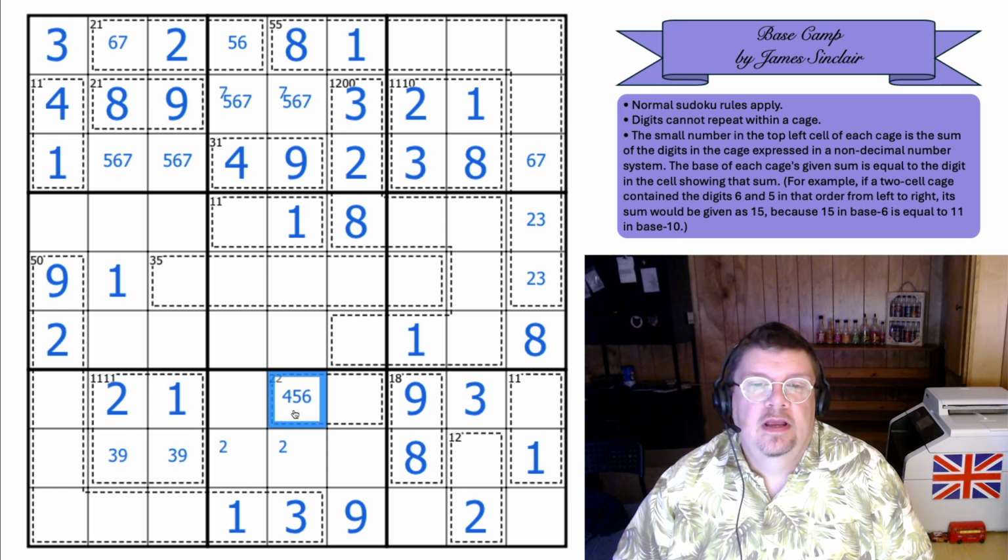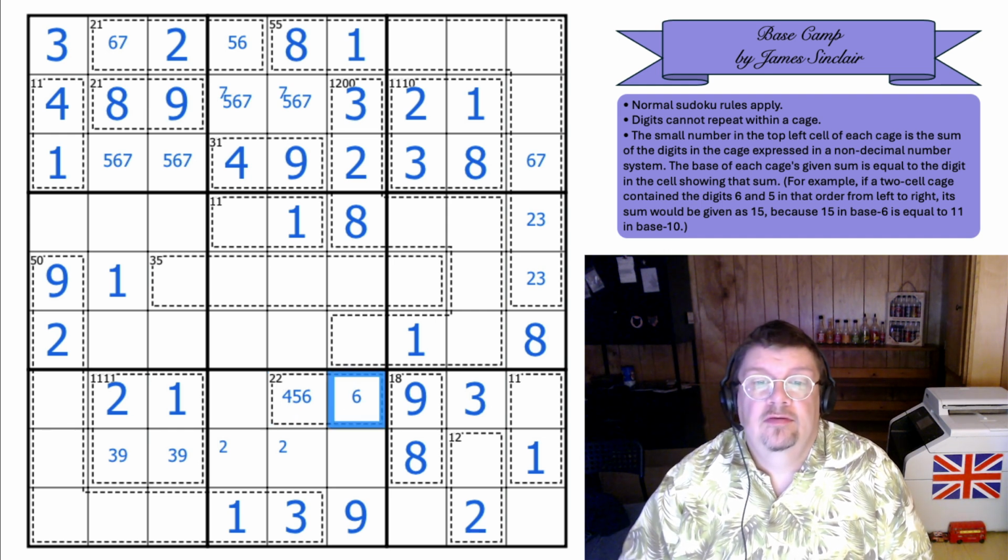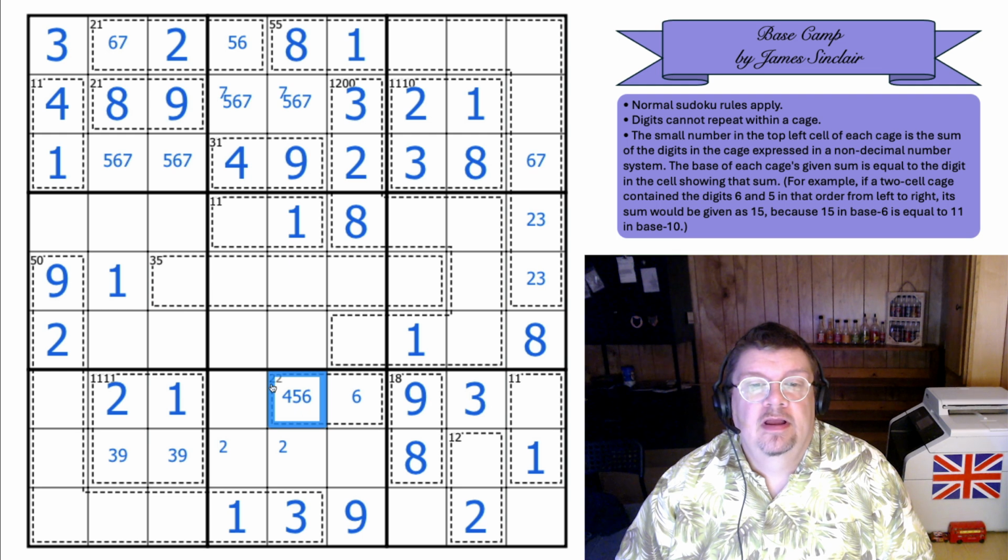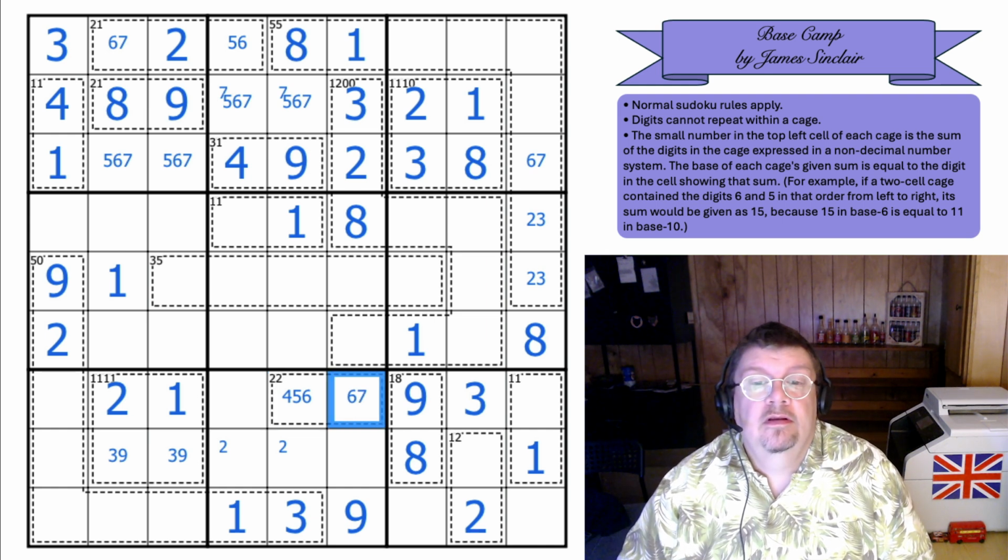If this were a 4, 4 times 2 is 8, plus 2 is 10 in base 10, so 4 plus 6. If this were 5, that's 10 plus 2 is 12. So 5 would force that to be 7.